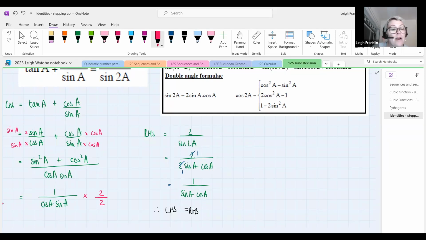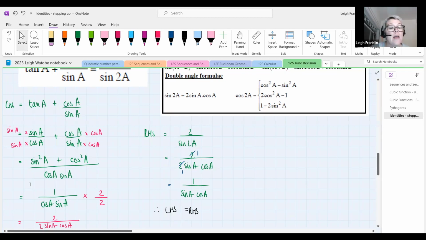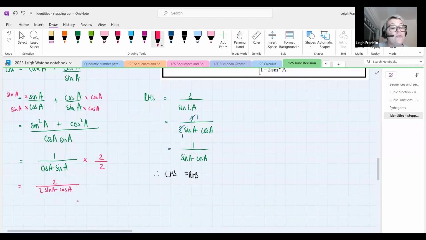When we multiply fractions, we multiply tops with tops, bottoms with bottoms, and we would end up with this. Okay, so this is just an alternative way of doing it, and that would give you 2 over sine 2A. All right, so just as an alternative to working with the right-hand side, that is allowed.